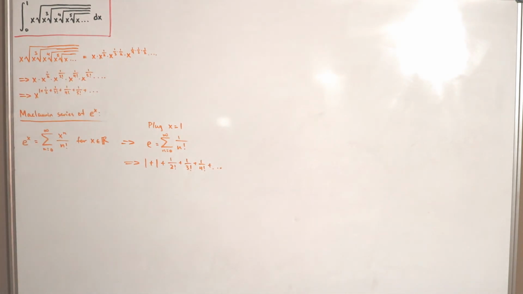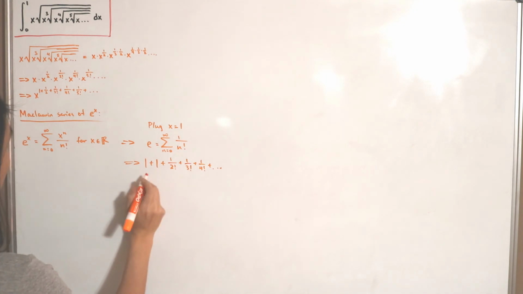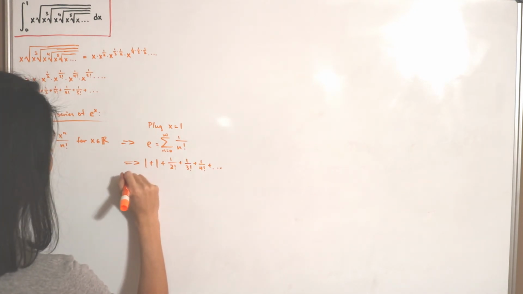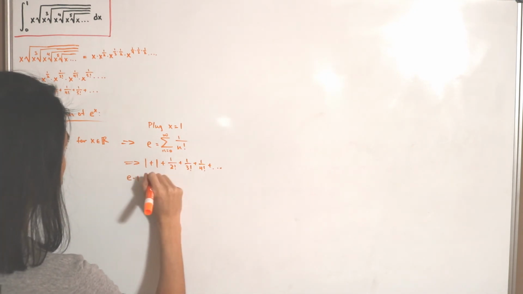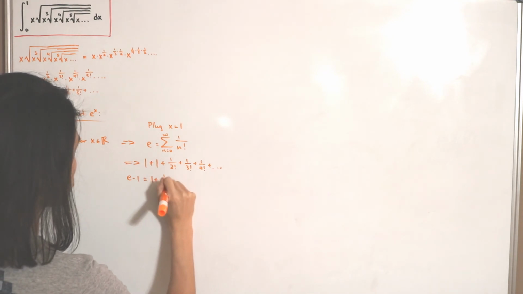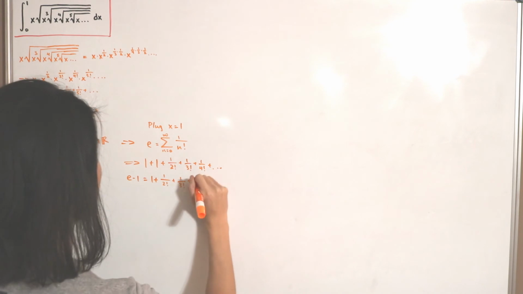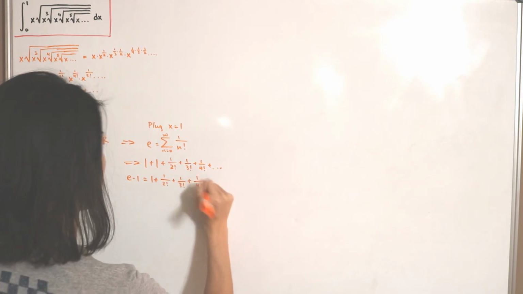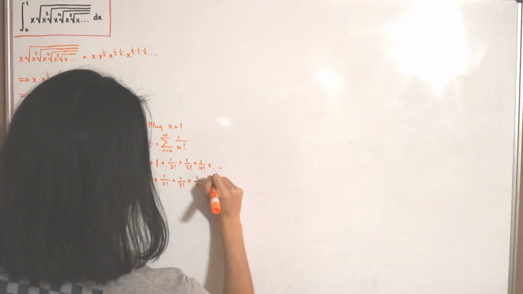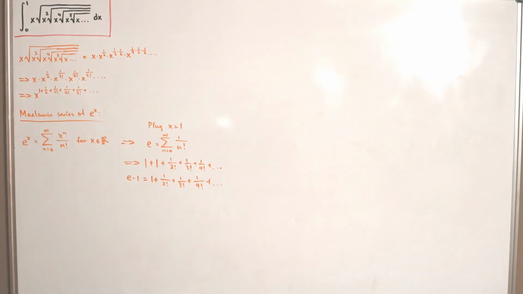Now I can subtract the term 1 from both sides. So I get e minus 1 is equal to 1 plus 1/2 factorial plus 1/3 factorial plus 1/4 factorial, and so on and so forth. With this I can substitute back into our power of x.